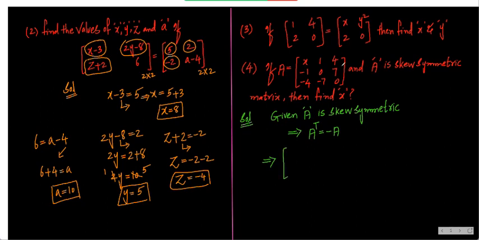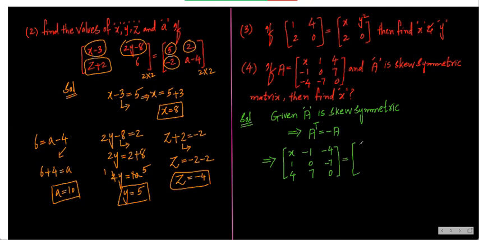We have to find the transpose of this matrix: row, we can write as a column. x, 1, 4; -1, 0, 7; -4, -7, 0. Row we made as a column. It is equal to every element of A multiplied with minus, that is called additive inverse.